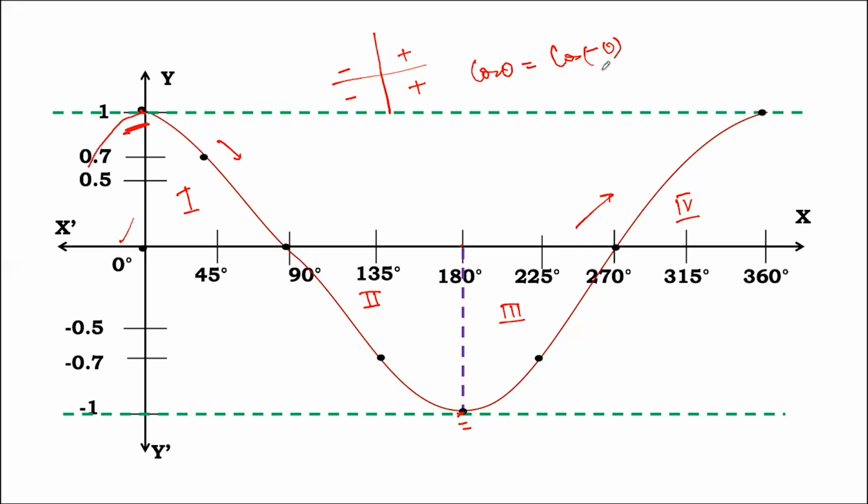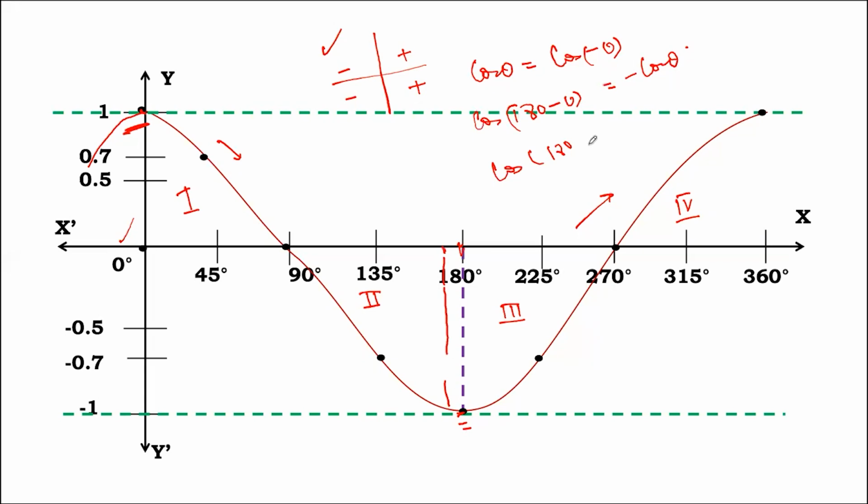Cos theta and cos minus theta will be the same. What about cos of 180 minus theta? The magnitude is the same, but with a minus sign, since it is in the second quadrant, where cos is negative.